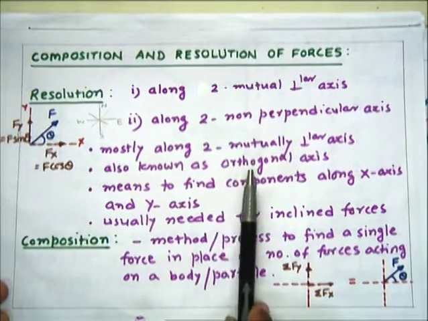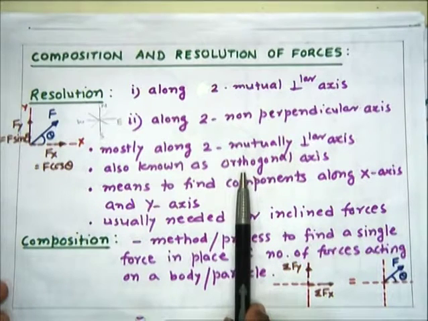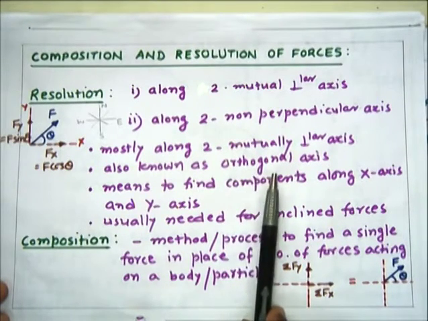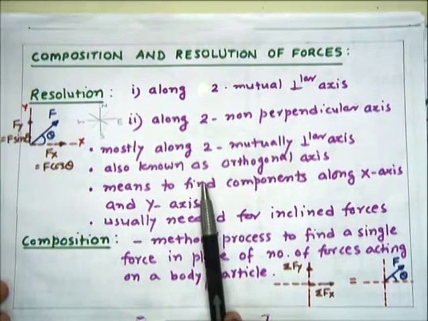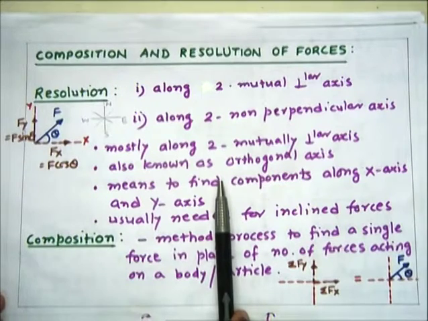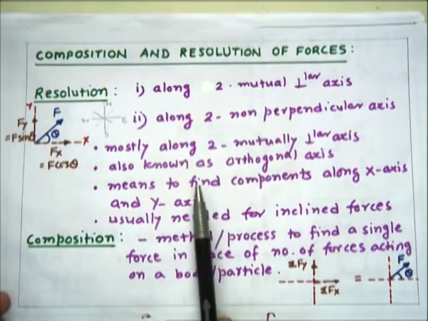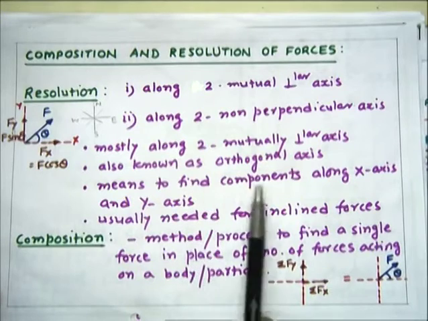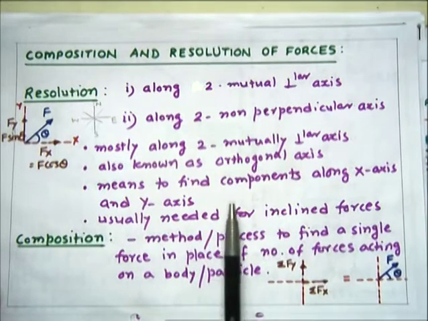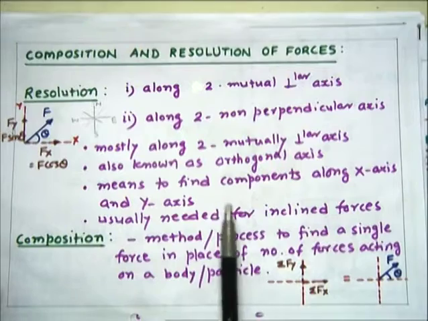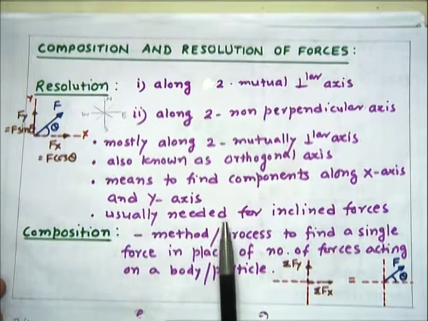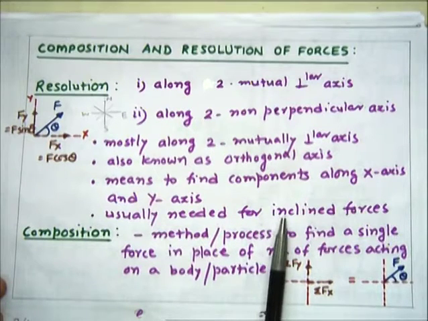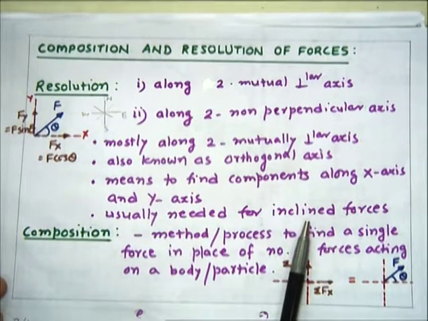Along two mutually perpendicular axes, they are also known as orthogonal axes, and the components we get along mutually perpendicular axes are known as resolved components. It means finding components along the x-axis and y-axis, or along the horizontal axis and vertical axis, usually needed in the case where the force is inclined with reference to our two mutually perpendicular axes.